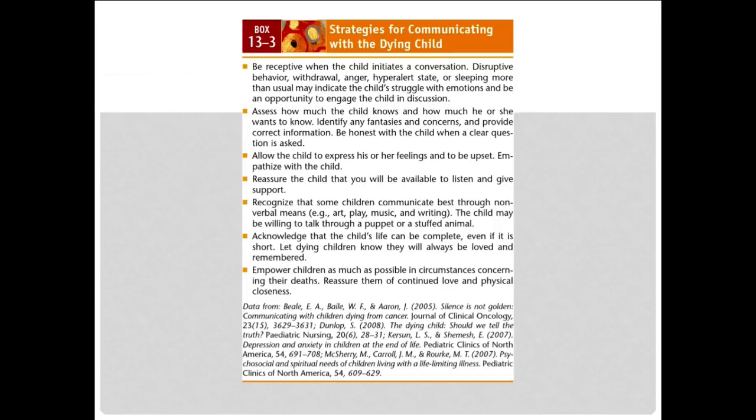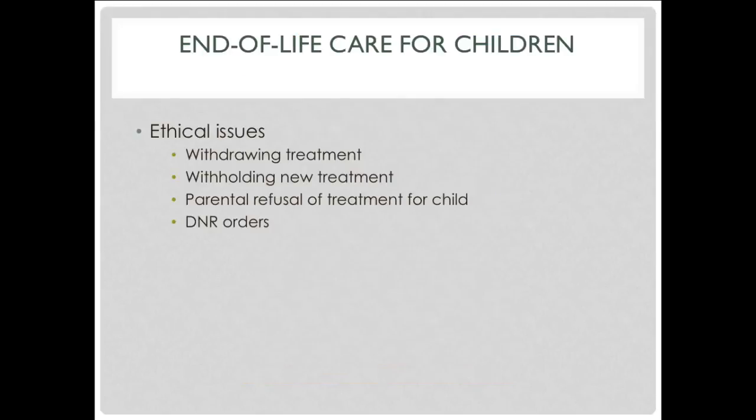All right. Again, some strategies for communicating with a dying child. Ethical issues. So you can imagine, when we have ethical issues with adults and their family members, the ethical issues that we're going to have with children and their family members are fraught with lots of emotion. So withdrawing treatment. When do we decide that it's time to let go?